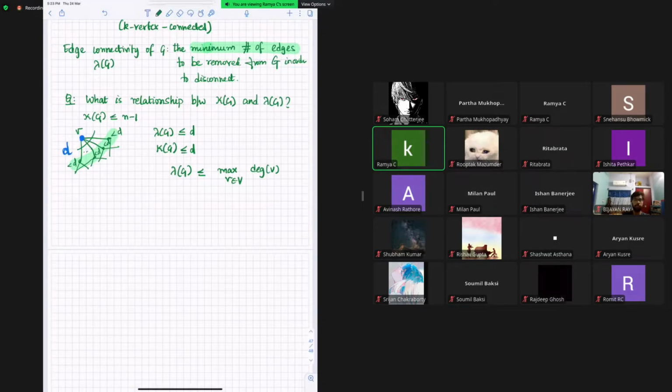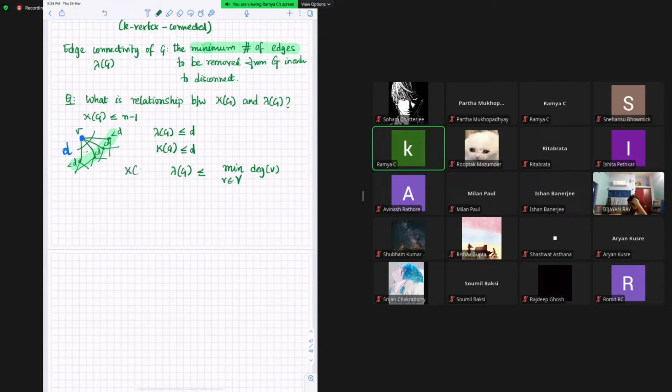Isn't minimum a better bound? Why are we going with maximum? Yes, even I thought so. It's at most the degree of b. That's right. And for kappa of G also, this is true.